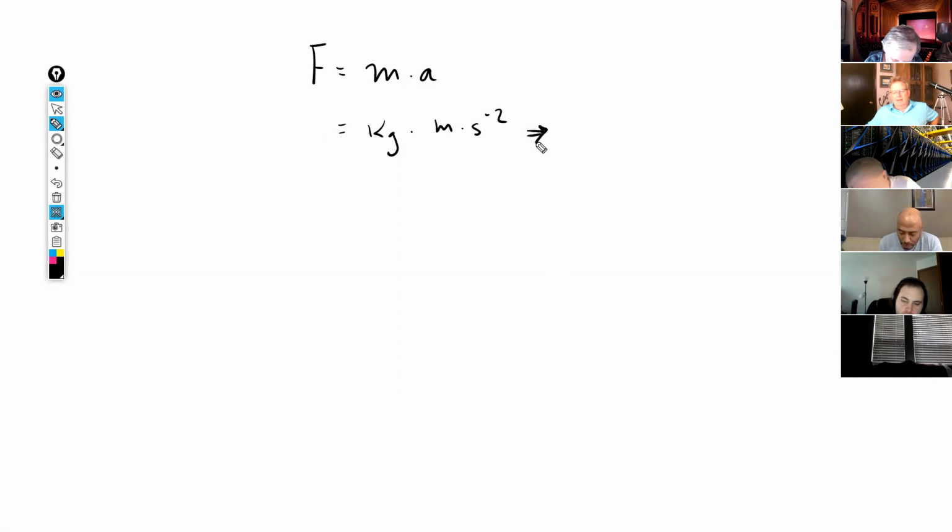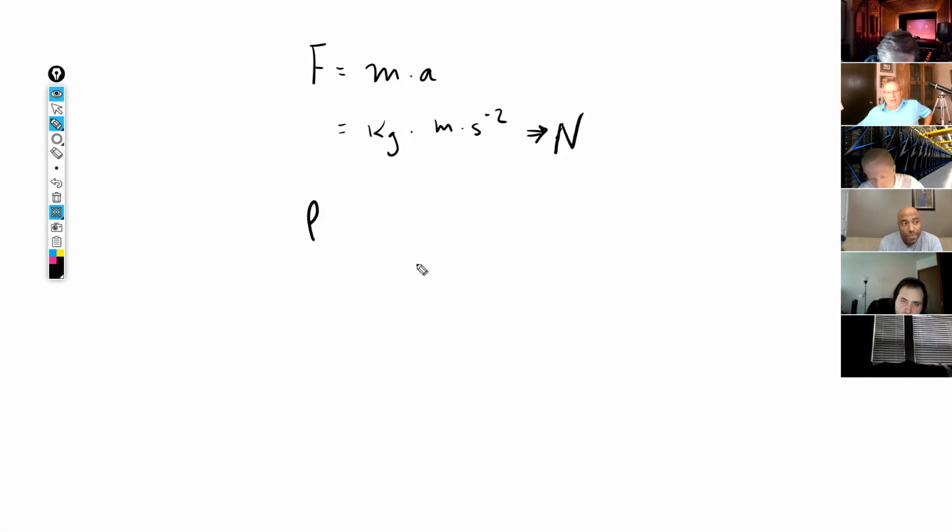Mass times acceleration. That's what you should know. Now we know the units: kilograms times meters per second squared. And we call that a Newton. These things you probably should know. You may not know them, but I just want to make sure you have that.